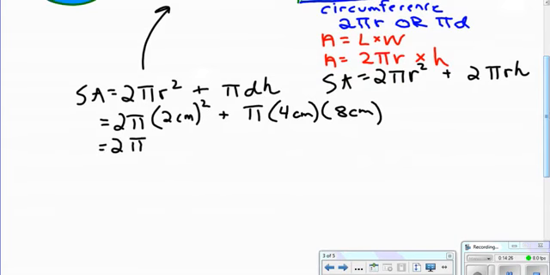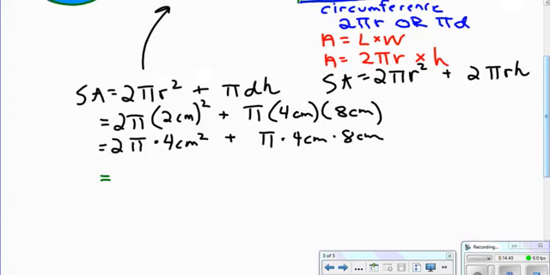So we get 2 pi times 4 centimeters squared plus pi times 4 centimeters times 8 centimeters. Again, following our operations, we're going to do any multiplying before we do any adding. And I'm taking 2 decimal places on all of these answers.